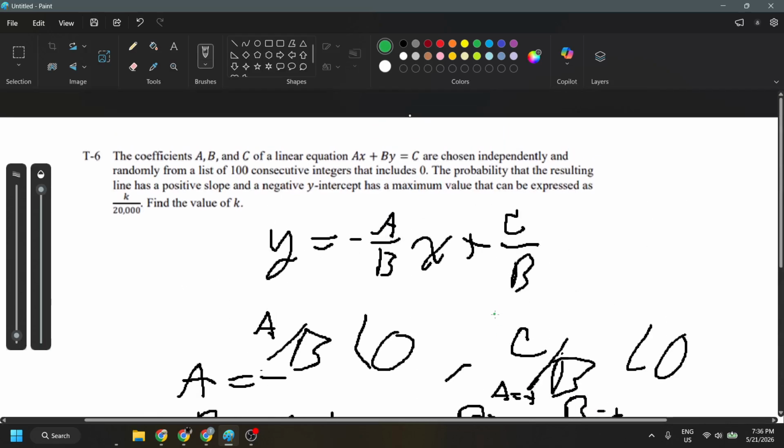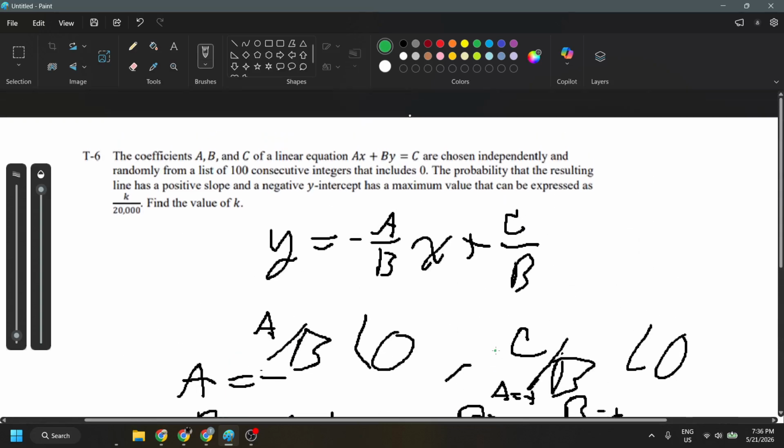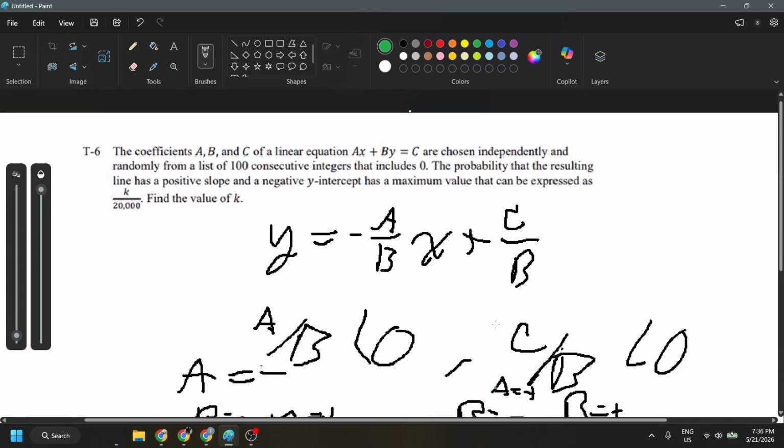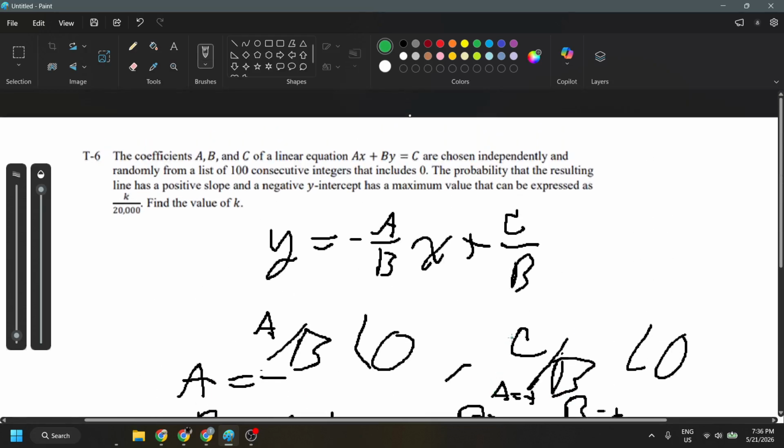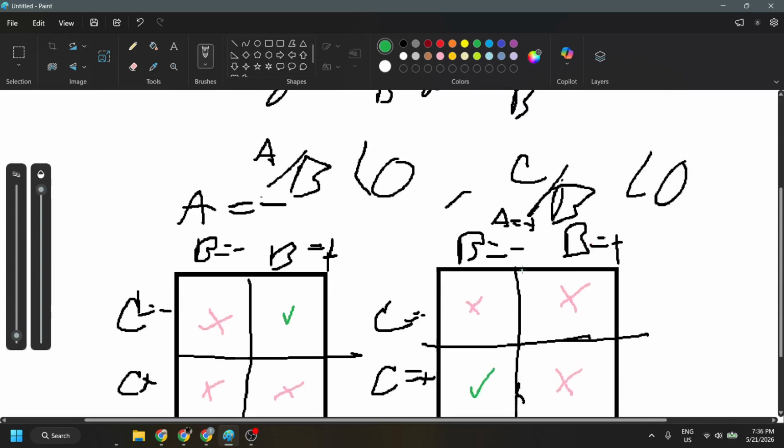So out of 100 consecutive... Oh, because we don't know what integers... Okay. So the maximum value of this... We want to find the maximum probability that A is positive, B is negative, C is positive, or A is negative, B is positive, C is negative.